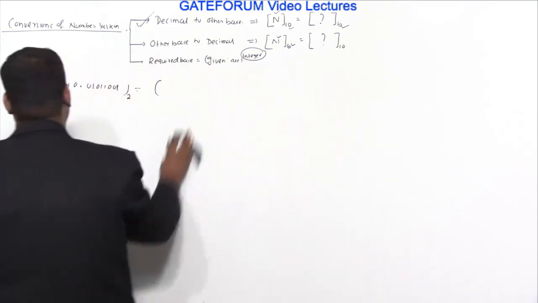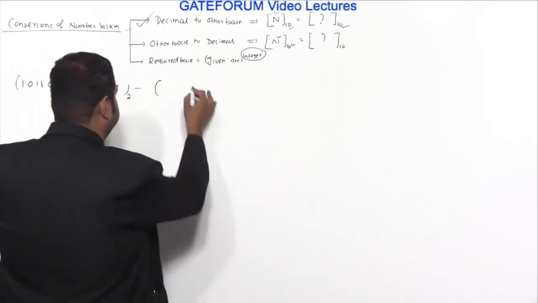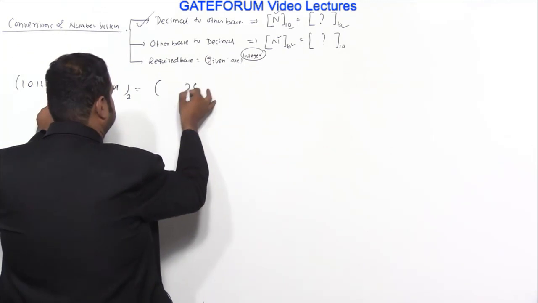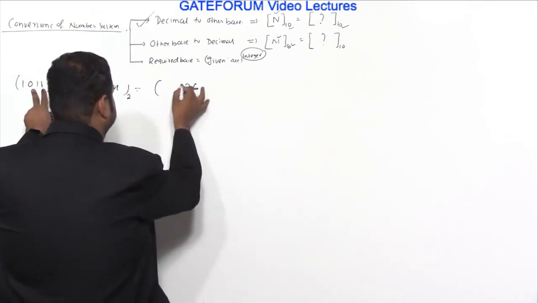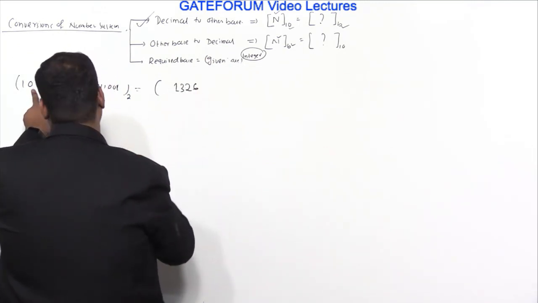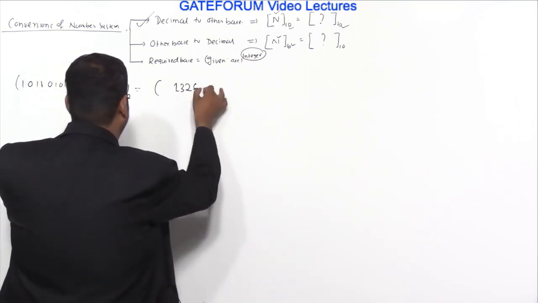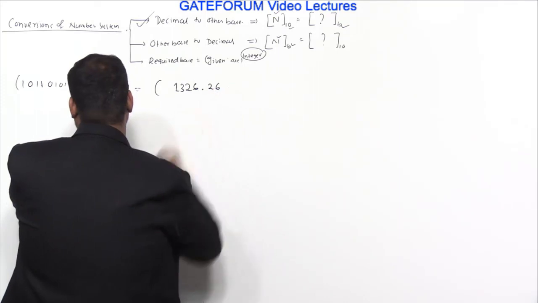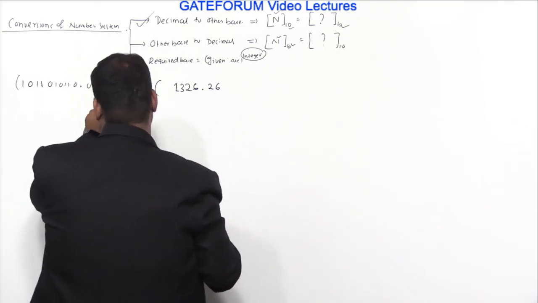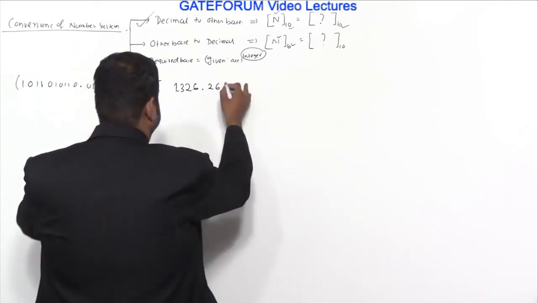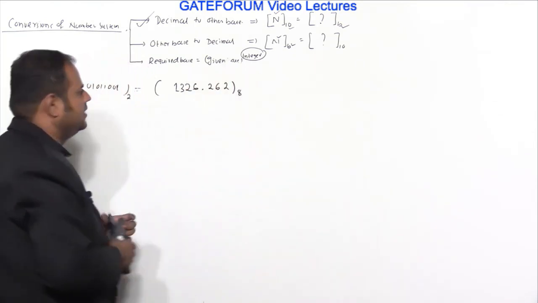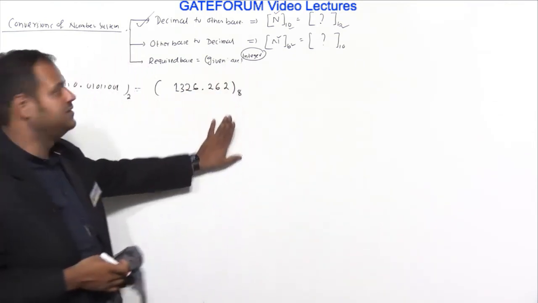When I started from this, I got here 6, then this is 2, then this is 3, this is 1, 1, 3, 2, 6, dot, 0 and 0 is 2, 1 and 0 is 6, and 0, 1, 0 is 2. So this is your base 8. You can again see no bit is exceeding 7.